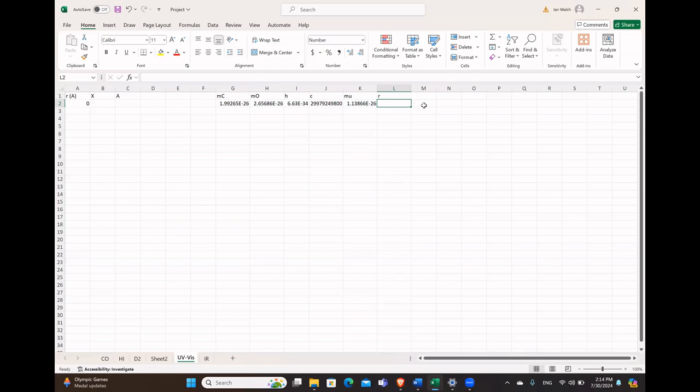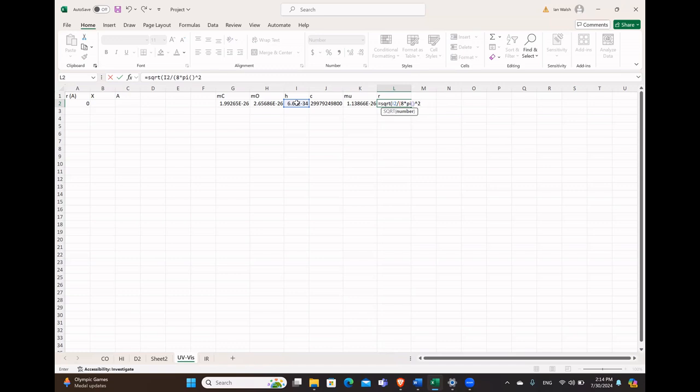If you're not good at Excel, again, you can use a calculator, although it is helpful to have some Excel skills. So we can take the square root of our Planck's constant, and then divide that by 8 times pi. To do pi in Excel, you just type in pi, but then you have to do open and close parentheses, because that's how Excel syntax works.